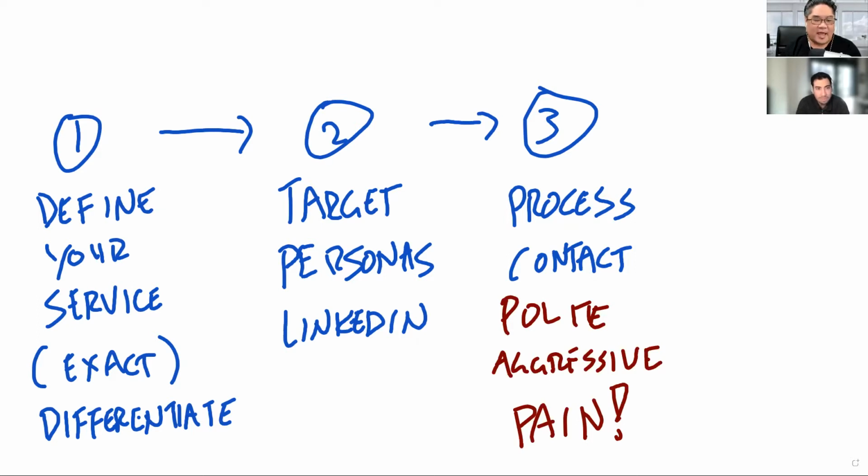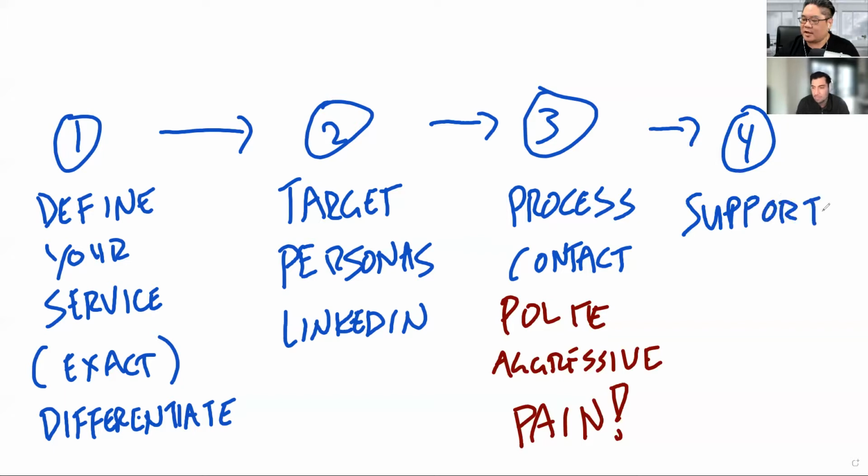And then what happens is you need all the supporting collateral. Remember, they're going to check you out. You need all the supporting stuff for them to validate your credentials and all that.